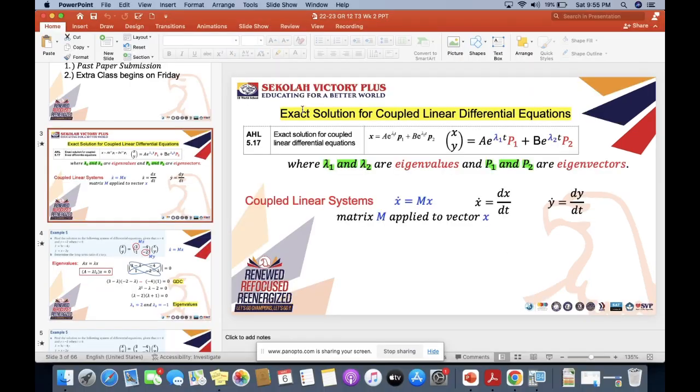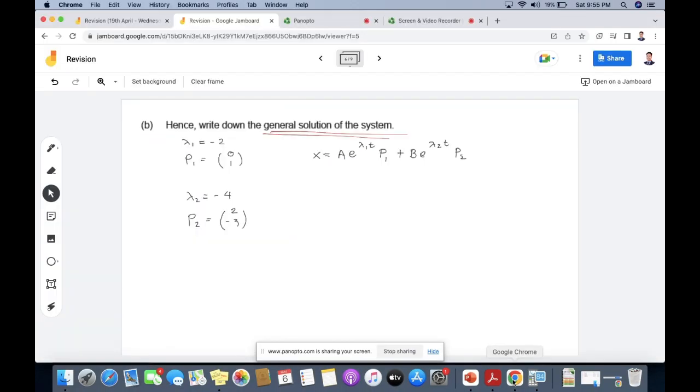Okay, let me go back to Jamboard. Here we just have to substitute the values.